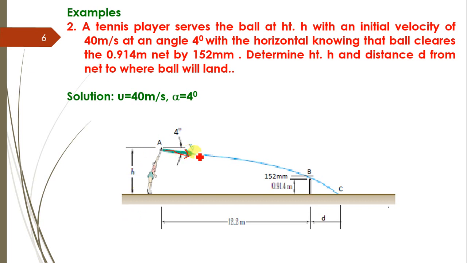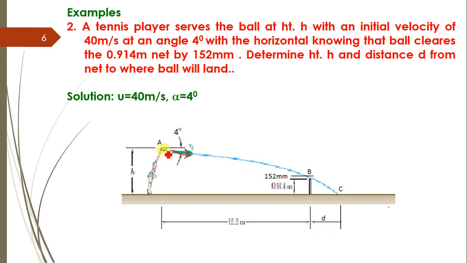Then when the ball is served, it will follow this parabolic path and pass over this net. So the height of net is given as 0.914 meter, and the ball will clear this net by 152 mm. So this height of ball above the net is equal to 152 mm, and further it will land at a distance of small d from the net.